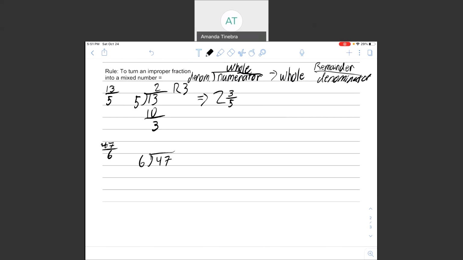But if I do that, I'll see that 6 times 7 is 42. That leaves me with a whole number of 7. Then 47 minus 42 is 5. That means that my mixed number is 7 as my whole number. Remainder of 5 goes on top, and it's 7 5/6.